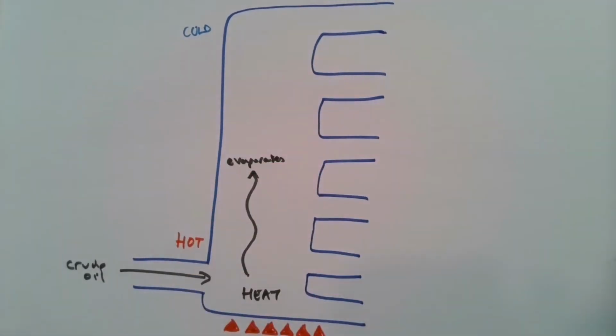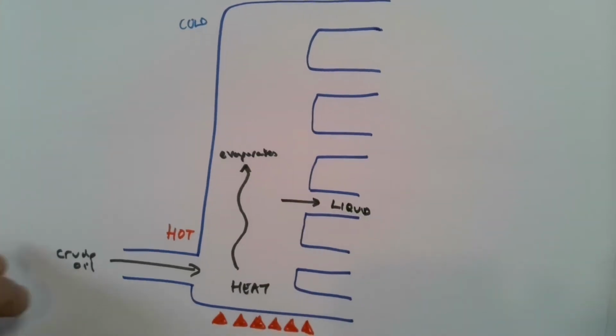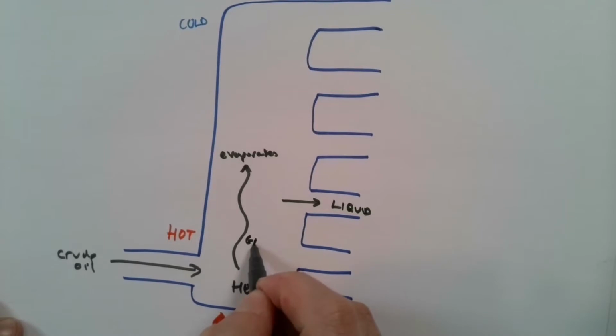And at a certain point, when they get to their boiling point, or you could think about it as their condensing point, as they cool down, they're going to turn from a gas into a liquid. Fantastic. So they're going to change state. And when they turn into a liquid, that's the point at which they are removed from the fractionating column.